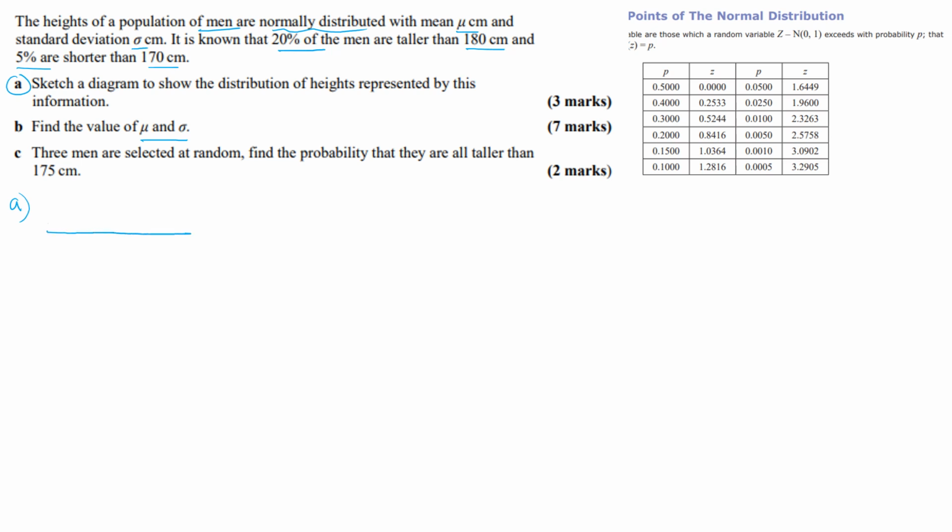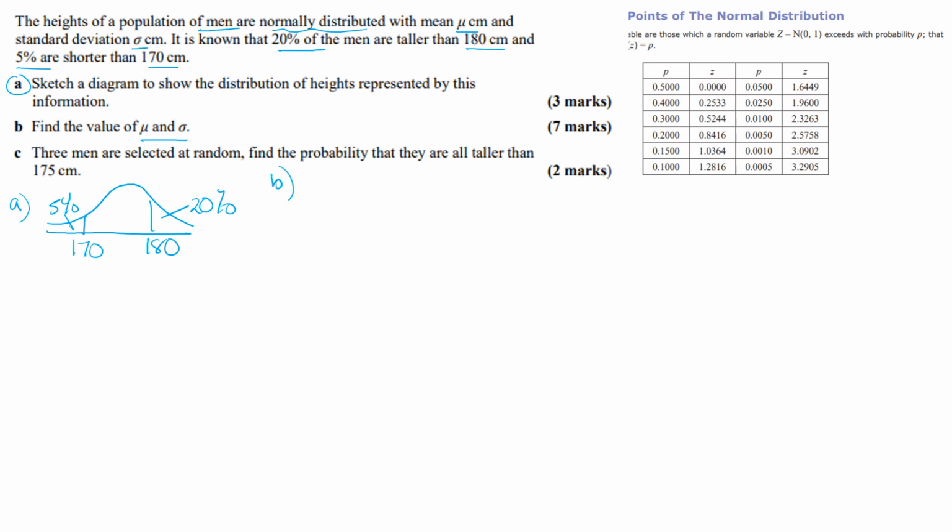So we need our bell-shaped normal curve. So 20% of the men are taller than 180 and 5% are shorter than 170.